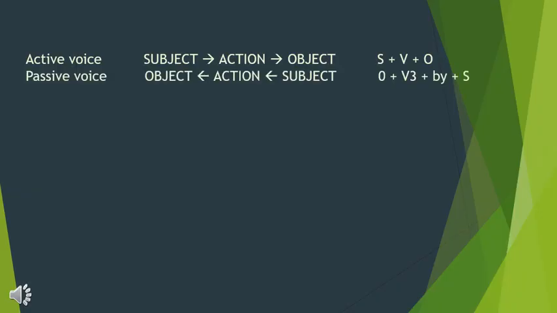Passive voice. Object, action, subject. More importance is given to the object and the action that is being performed rather than who has performed the action. The structure of passive voice is O plus V3 plus by plus S. Object plus third form of verb, that is past participle, plus by plus subject.